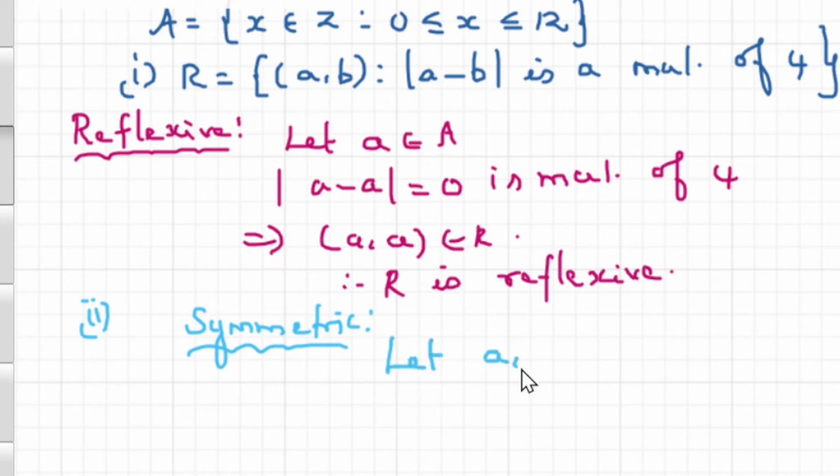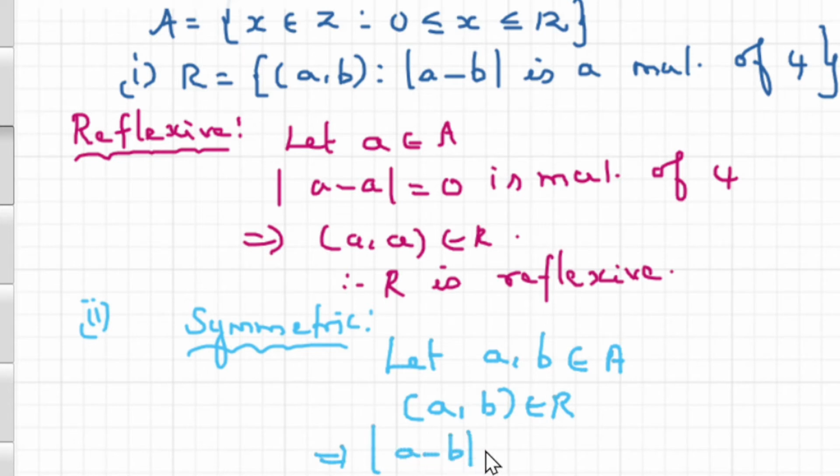So let us take (A, B) belongs to A, and the ordered pair (A, B) belongs to R, and that implies modulus of A minus B is a multiple of 4.